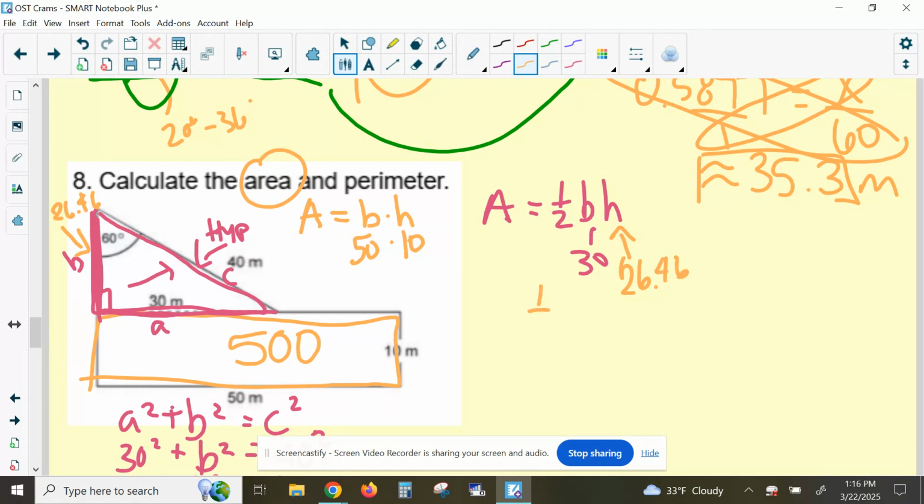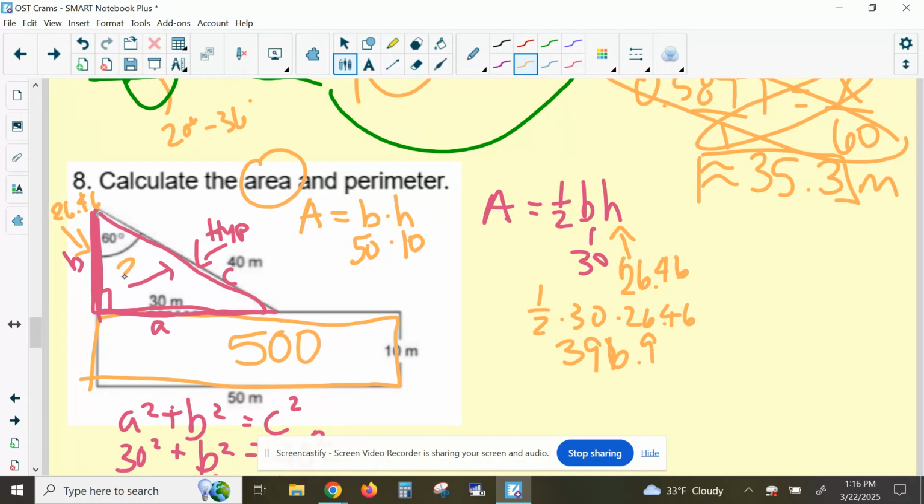So I've got to do 1/2 times 30 times 26.46. In my calculator, remember 1/2, do 1 ABC2 for your 1/2. Type all that in. And you got 396.9.